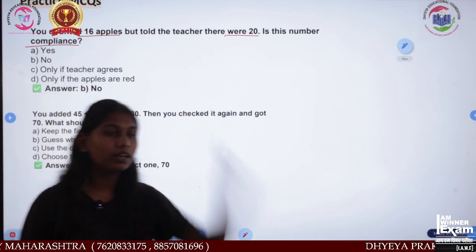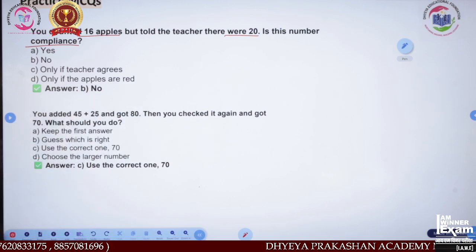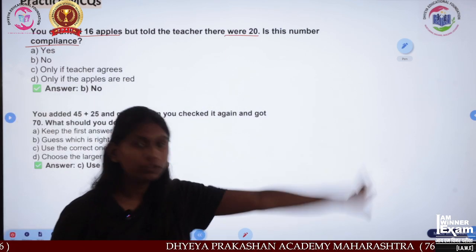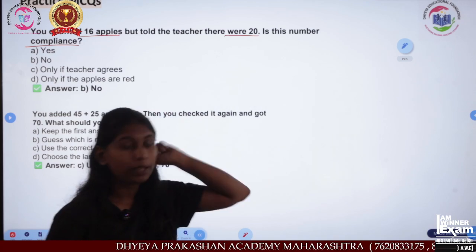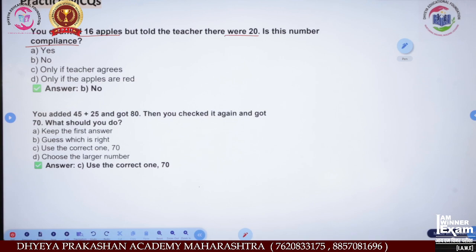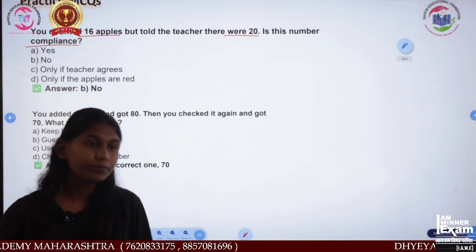So is this number compliance? You are not telling the correct number to the teacher, right? You are lying to the teacher that there are 20, but in actual you counted 16. So do you follow the numbers rightly?